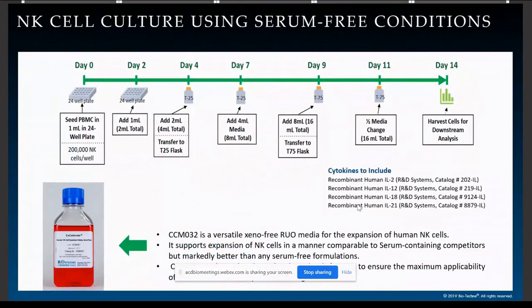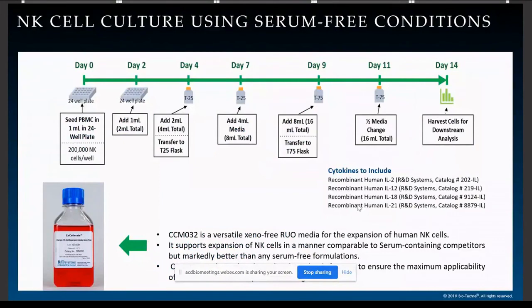I want to talk a little bit about the process that we have used for NK cell work and how we are optimizing this protocol with our Accelerate NK media. So shown at the top is the protocol for a 14-day cell culture activation. And this uses our R&D Systems cytokines, IL-2, 12, 18, and 21.